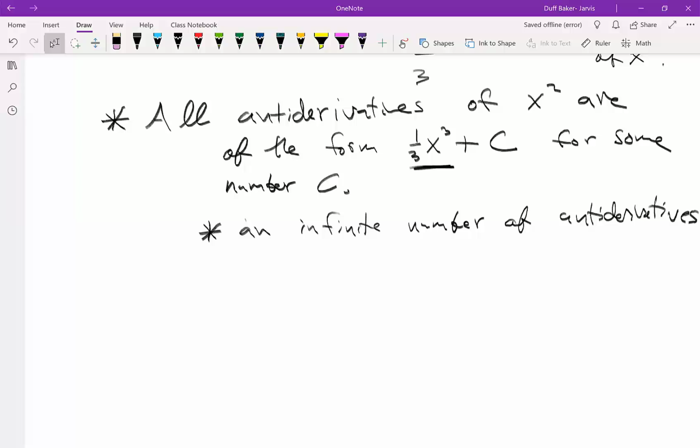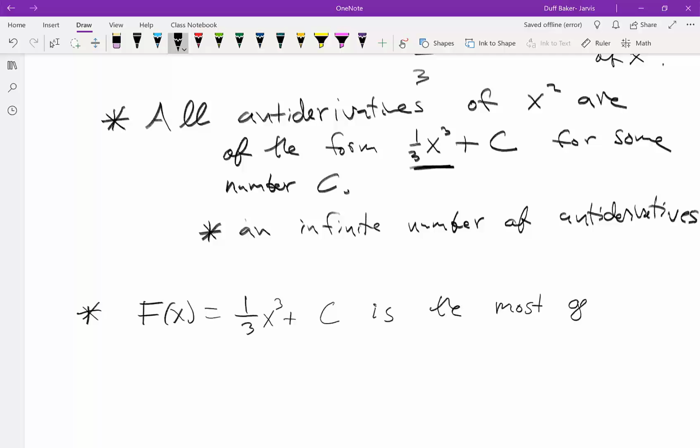And so the way we're going to phrase this is that we're going to call this the most general antiderivative. That's just going to be the term we use to describe all antiderivatives.